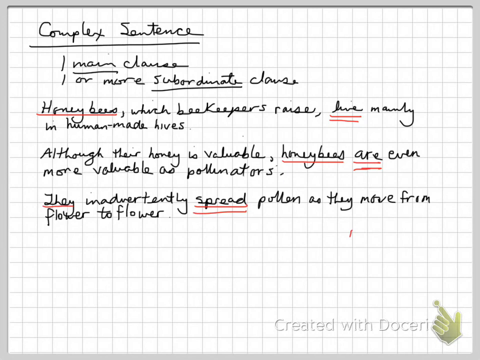The rest, the subordinate clause, I'm going to do in another color here. It gives additional information but cannot be a sentence by itself: which beekeepers raise, although their honey is valuable, as they move from flower to flower. That's the secondary clause. It also has a subject and a verb. Beekeepers raise. Honey is valuable.